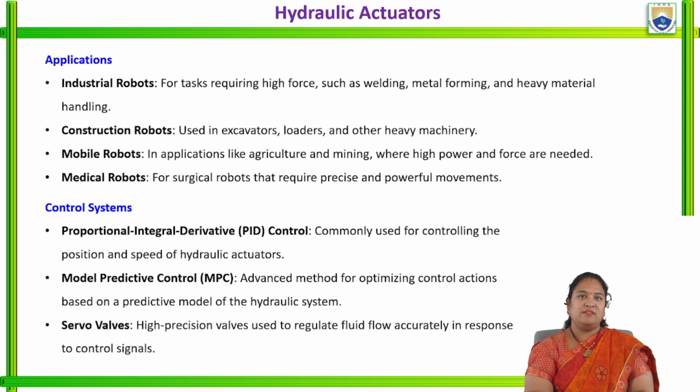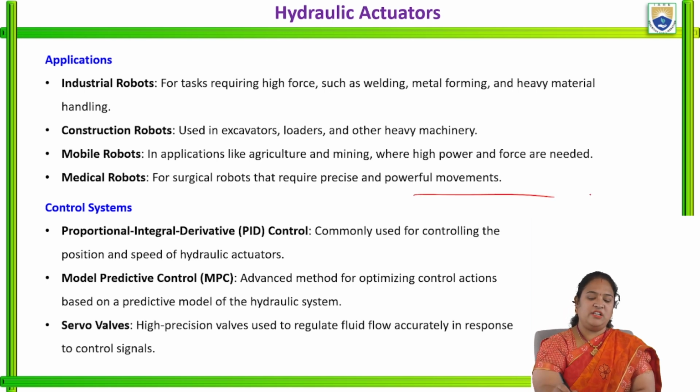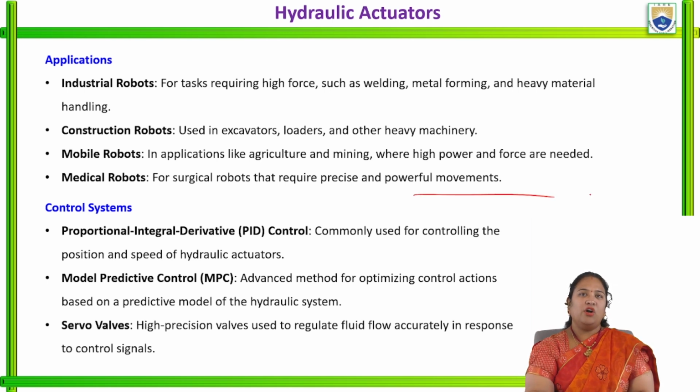In industrial robots, in construction, generally in mobile robots also you use, and in medical robots. That is, for surgical robots that require precise and powerful movement, we generally use this particular type. Whereas for welding, for forming, heavy material handling, or when we apply higher force, we will be using this particular type in industrial robots.